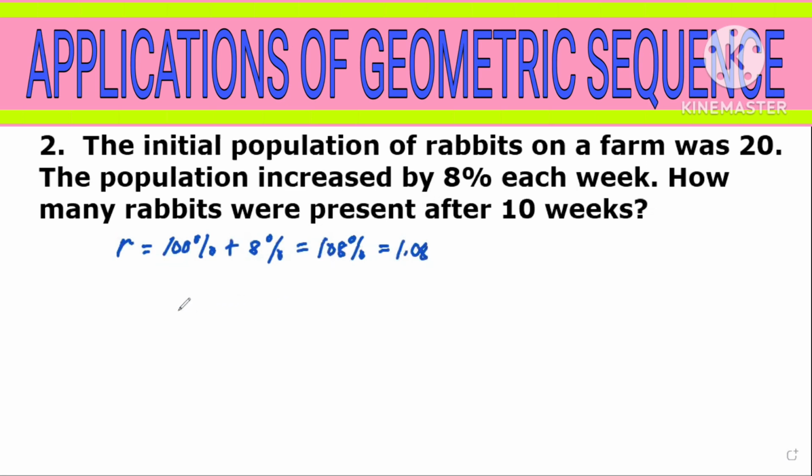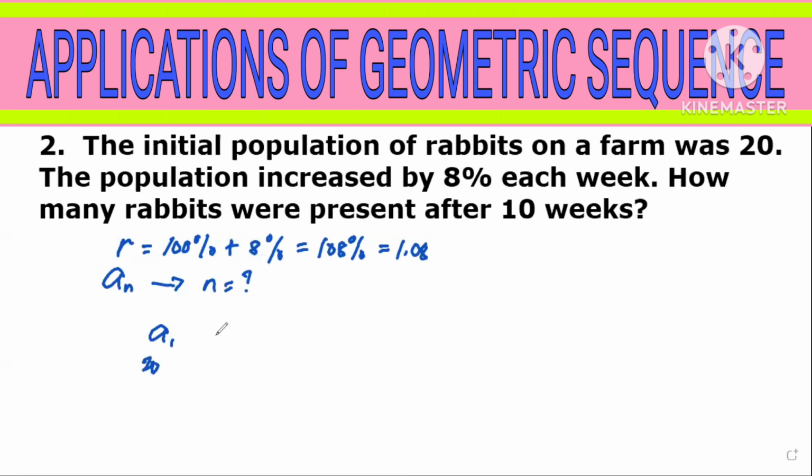Okay? Now, how do we determine the number of rabbits present after 10 weeks? Well, we are actually solving for a sub n after 10 weeks, right? But the problem is, what is n? How many terms are there? We need to know that to determine how many rabbits there are after 10 weeks, right? So to determine n, we know that a sub 1 is reserved for the initial amount, which is 20.